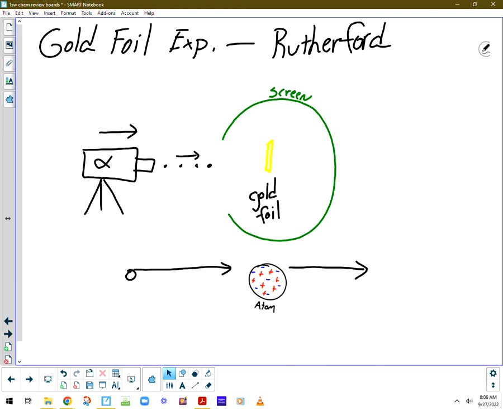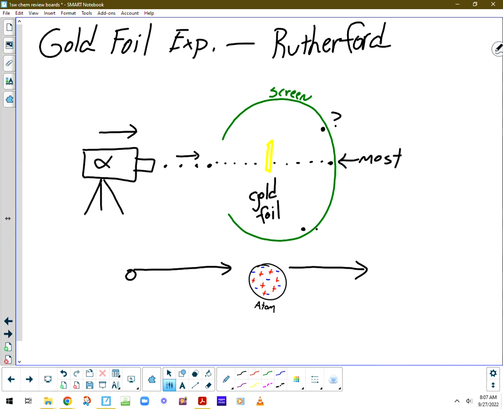What he found is that, sure, most of the blinky blinkies were happening over here where they expected them to be if it followed a straight line path all the way through. But there were a lot of other blinky blinkies, and if they had just put a detector right there and not put it anywhere else, they never would have found this out. So it was a bit of a genius move on their part to detect other places from where they expected to find things. They were finding some that were up here.